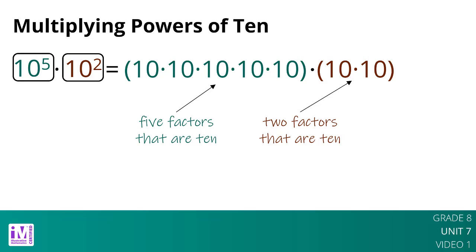That means that 10 to the fifth power times 10 to the second power has 7 factors that are 10. 7 factors that are 10 can be written as 10 to the seventh power.